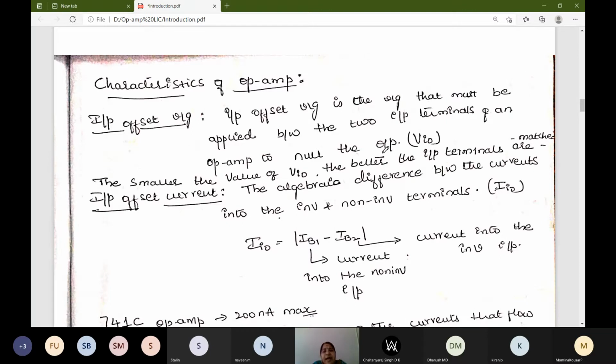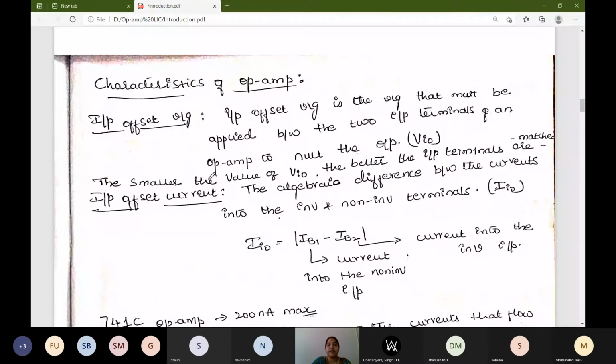But this voltage will be added for whatever operations we do, such as addition and subtraction. This offset voltage gets added, and that is the error. To remove that, we have to apply some offset voltage at the input. That is called input offset voltage.